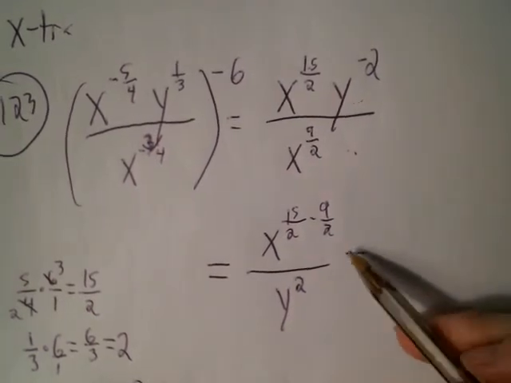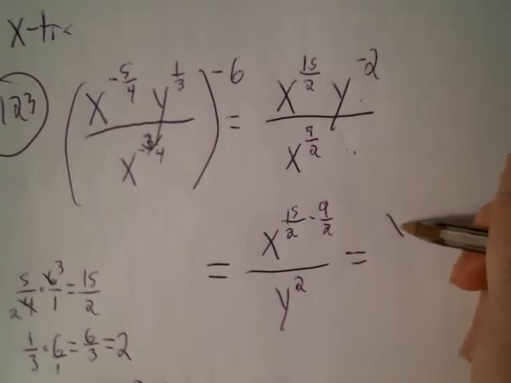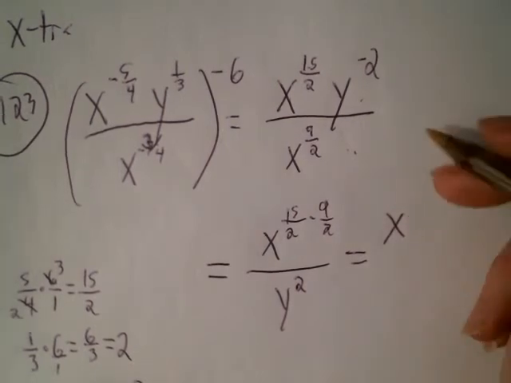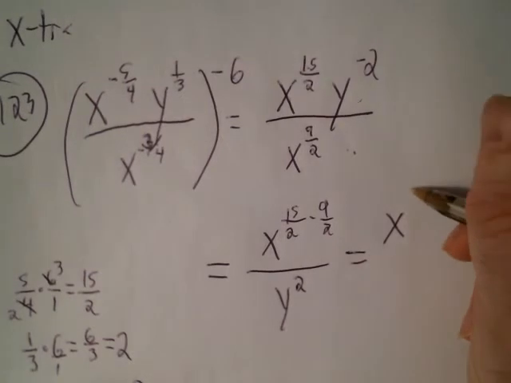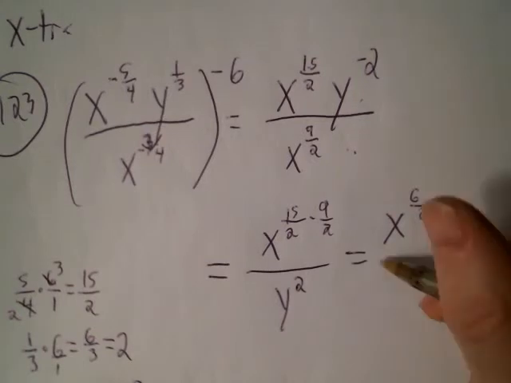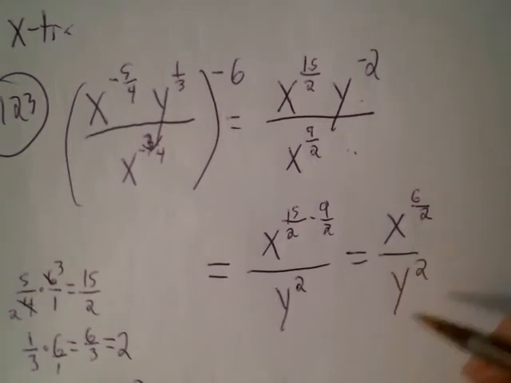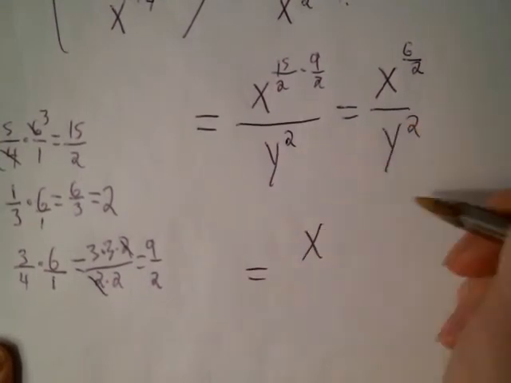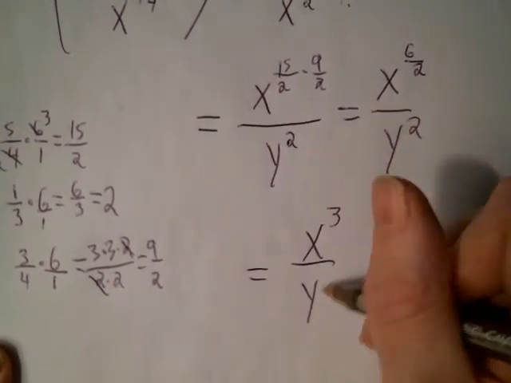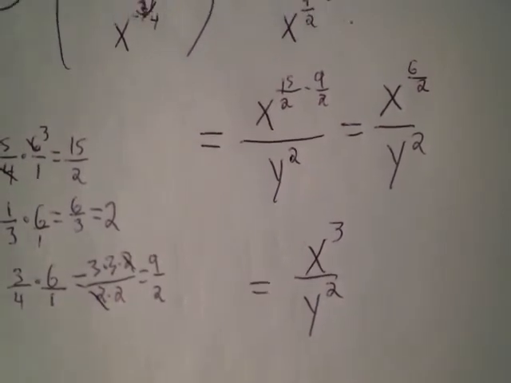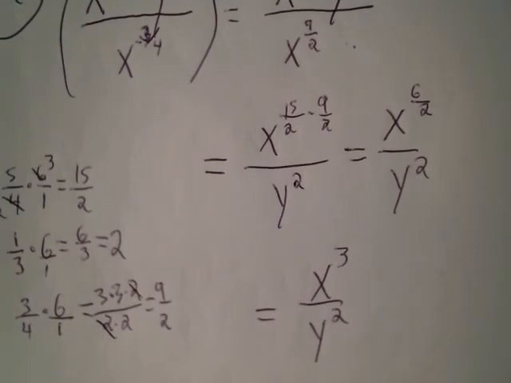So I have x to the 15 halves minus 9/2, which gives me 6/2, all over y squared. And finally, 6/2 is the same as 3, and that's all over y squared. And then I believe that's it. It looks like I have something funny in my notes, but I believe that's the answer.